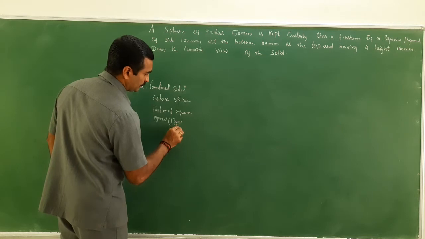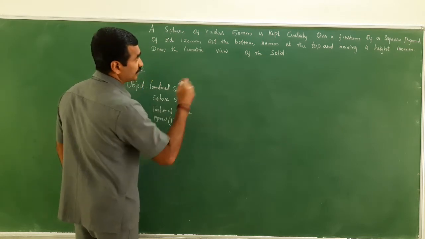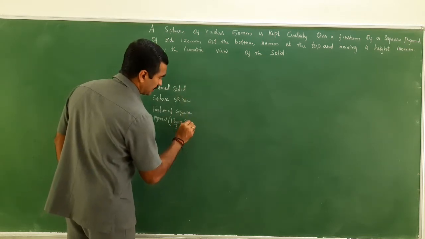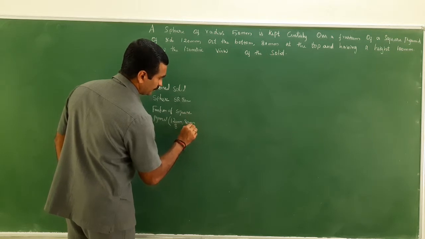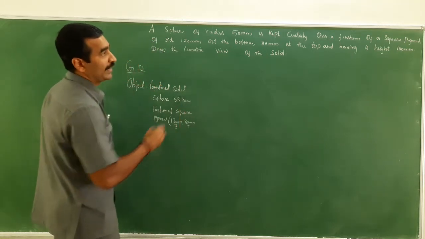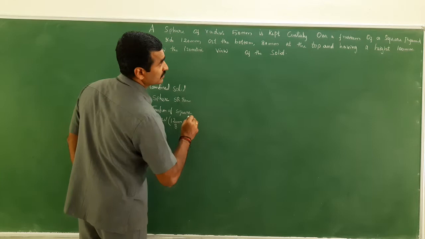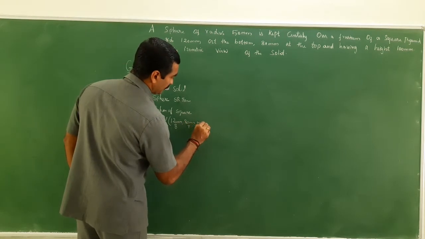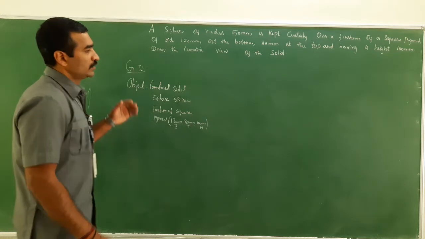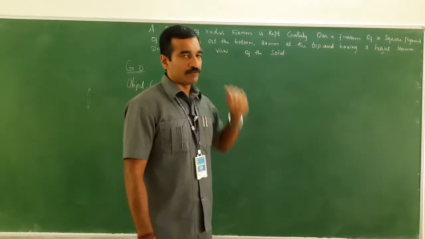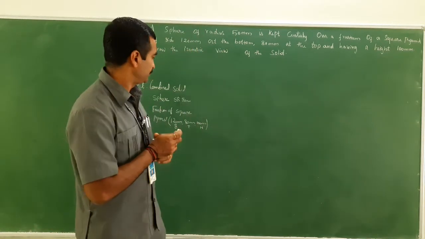This is the bottom, and at the top it is 80 mm, right? And the height is 100 mm. This is the height. Draw the isometric view of the solid.